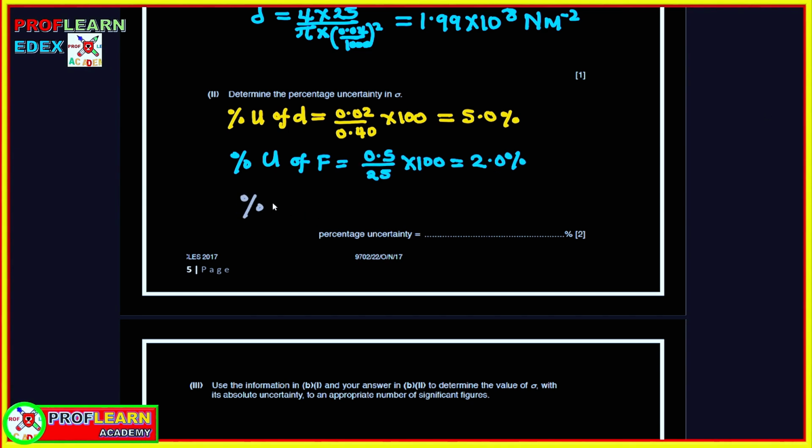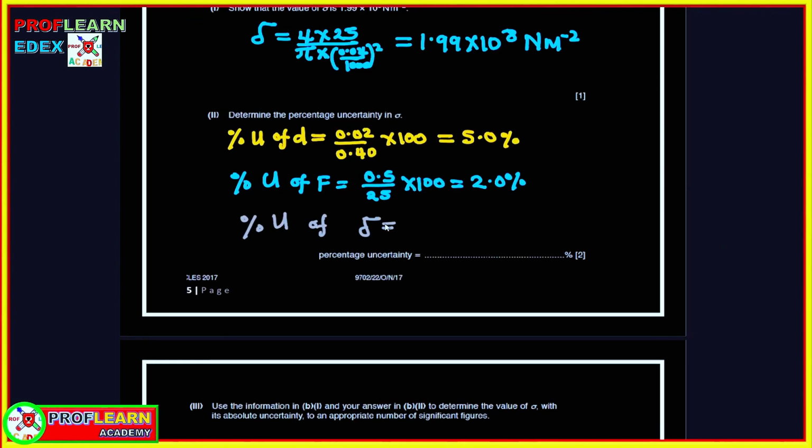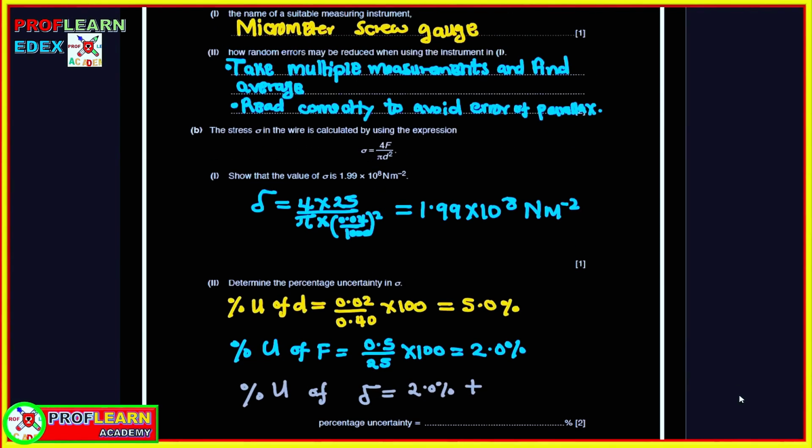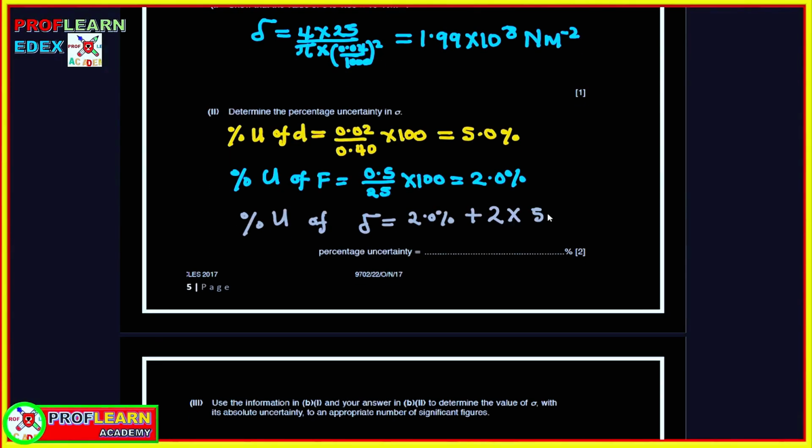Now, to work out the percentage uncertainty for stress, it will be the percentage uncertainty of F plus 2 times the percentage uncertainty of D, because D was squared. This is going to be equivalent to 12 as our final answer in that case.